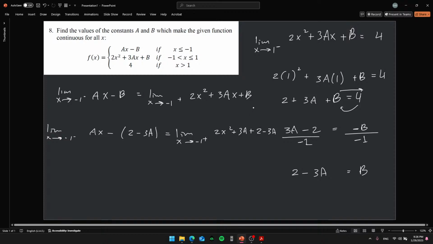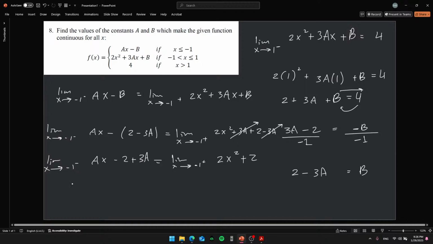You don't have to put it in parentheses because it's plus, but for this you should. Now combine like terms or simplify. The limit as x approaches negative 1 from the left of ax minus 2 plus 3a equals the limit as x approaches negative 1 from the right of, positive 3a and negative 3a will cancel out, so we're left with 2x squared plus 2.